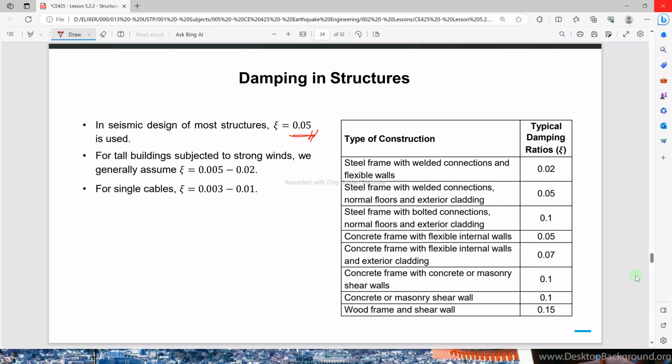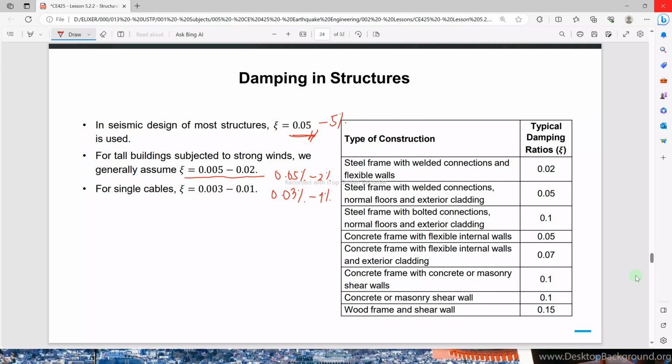For tall buildings subjected to strong winds, we generally assume a damping of 0.005 to 0.02, so from 0.5% to 2%. And for single cables, that is 0.03% to 1%.